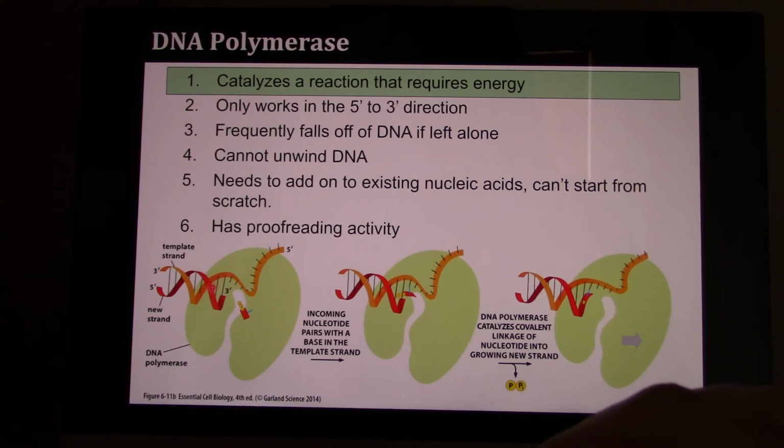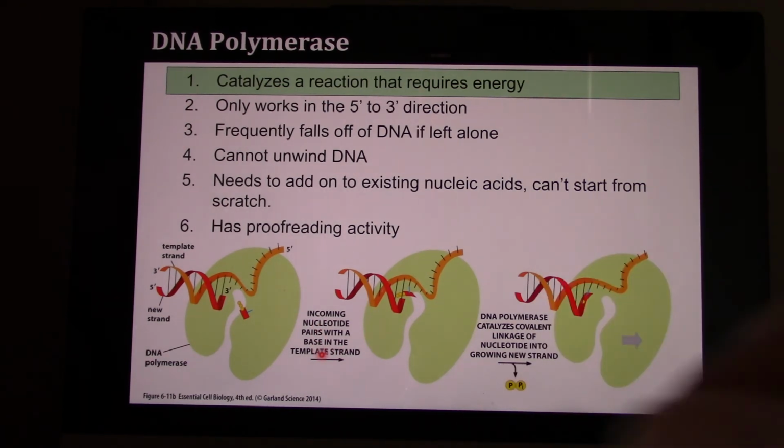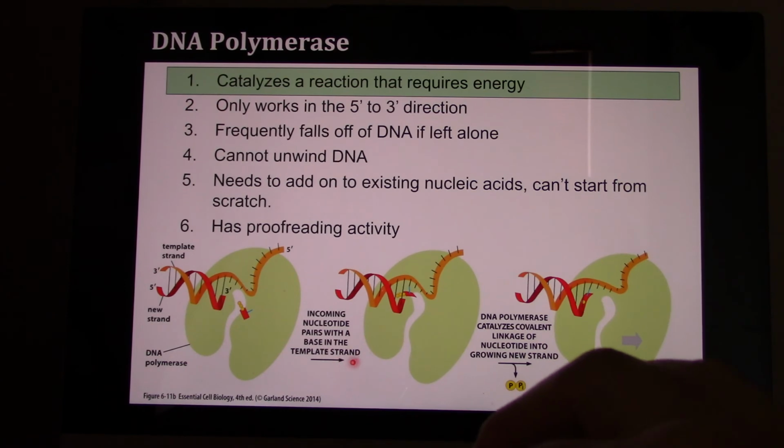And then this is no longer cartoon style. We've got a DNA polymerase shown here in kind of a lime green. We've got the template strand shown in orange and the newly synthesized piece of DNA strand in red. And here we've got a nucleotide in red that we're about to add. This DNA polymerase is about to add to the growing polynucleotide chain. So the incoming nucleotide pairs with a base in the template strand.